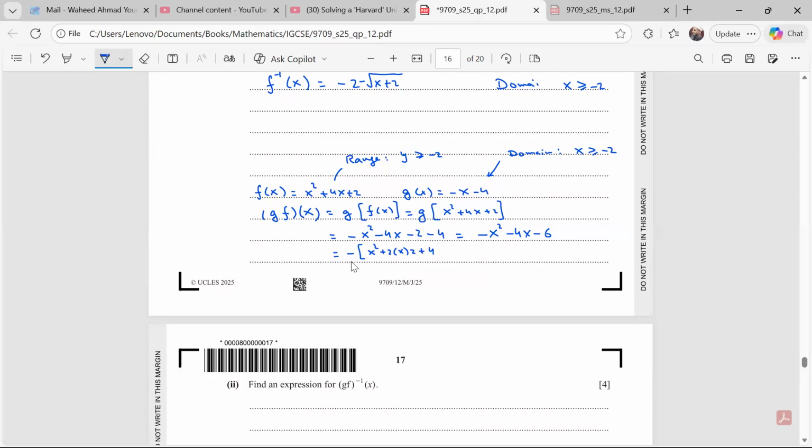I put -4 here, and then -2, I put it separately. Okay, so it is minus, and everything in the bracket is basically x plus 2 whole square, right? And -2. So this is my composite function gf of x. Okay, and now I'm ready to find its inverse.